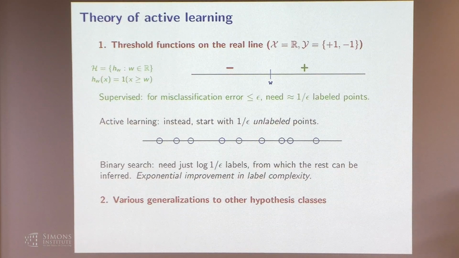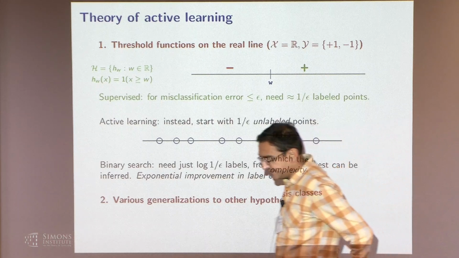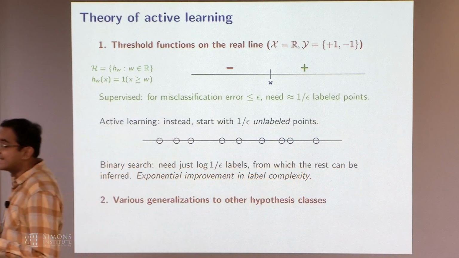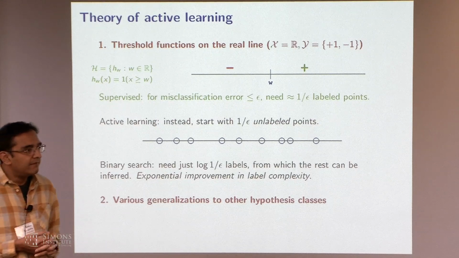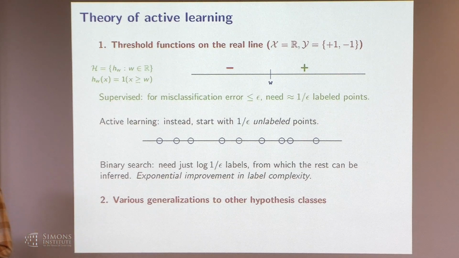But over the past decade or so, people have extended this idea to many other hypothesis classes of interest: linear separators in d-dimensional space, all sorts of different classes. For these other classes, it's not necessarily the case that each query will halve the version space.